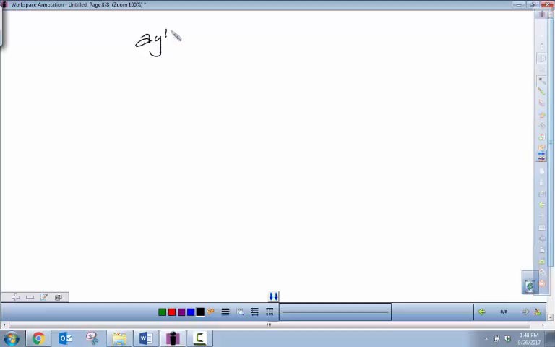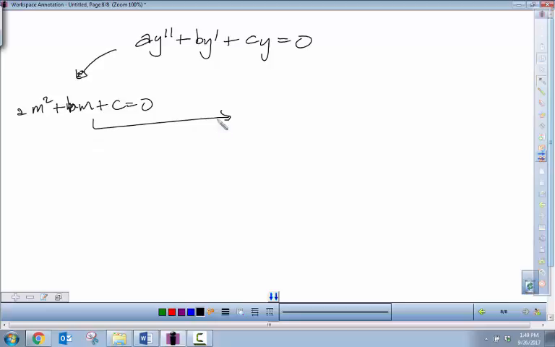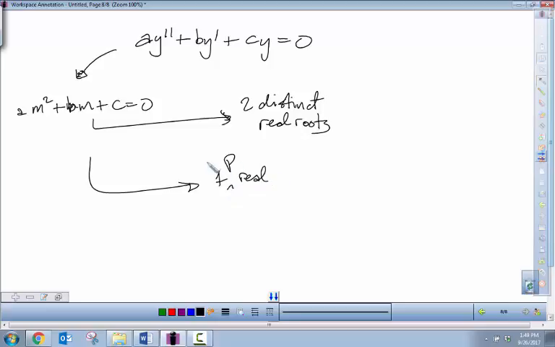So a y double prime plus b y prime plus c y equals 0. This has an auxiliary equation, and this has three different scenarios.